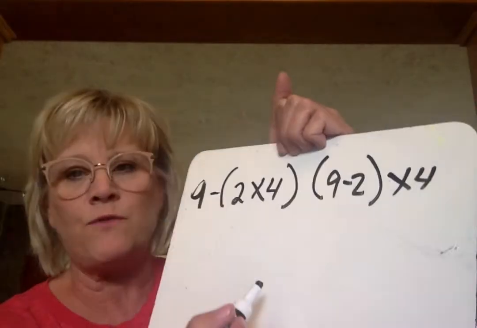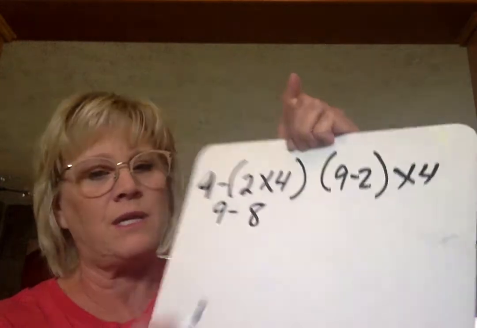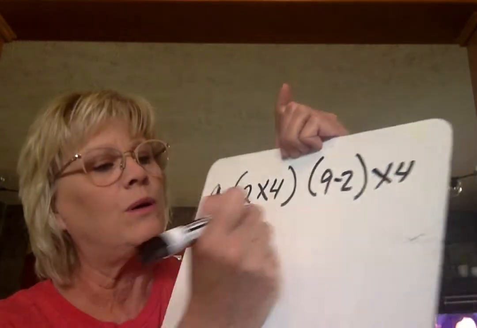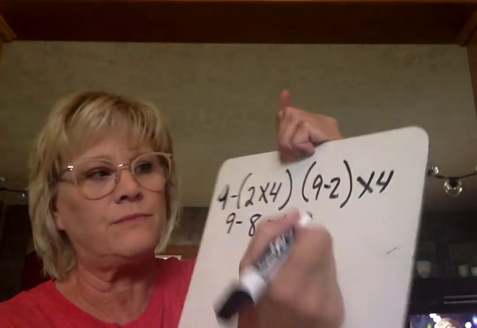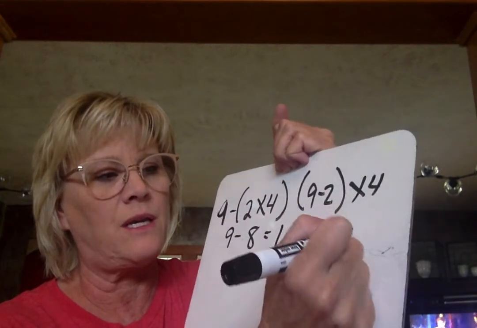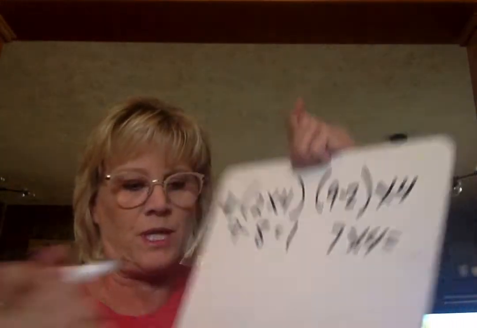What's 2 times 4? 8. And what's 9 minus 8? 1. What's 9 minus 2? 7. Times 4? 28. All right.